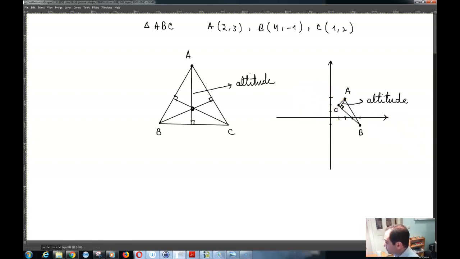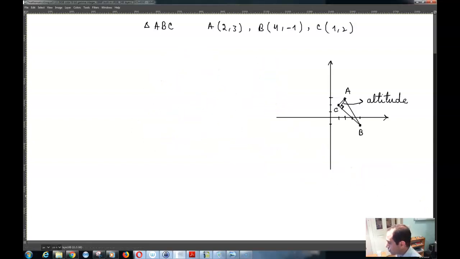Now, since you want to calculate the length of this altitude, you can find the coordinates of the point A. You already know that's (2, 3). But the coordinates of this point over here, if I call this point P, you don't know.